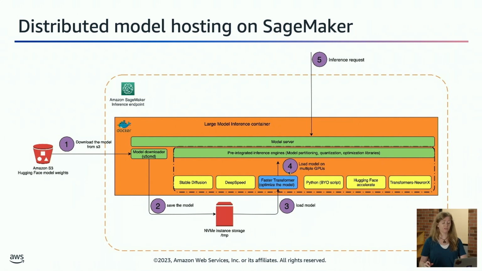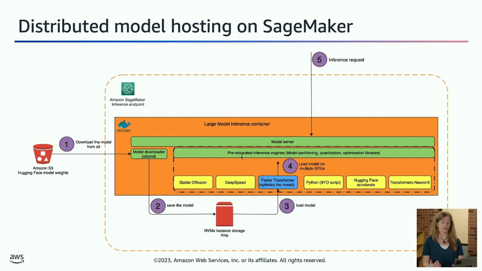Then we're going to load that model on multiple GPUs. So the large model inference container is really nice because it handles a lot of the distribution for you. Because you're not doing any data parallelism, because we're not doing any backpropagation, it's easier to automate the partitioning, basically, for those reasons.